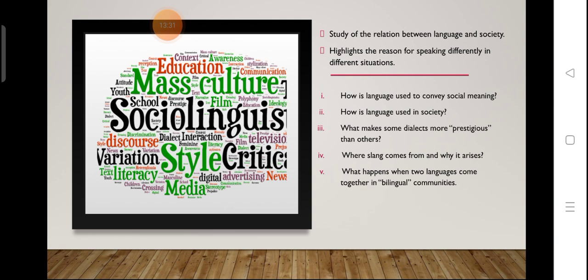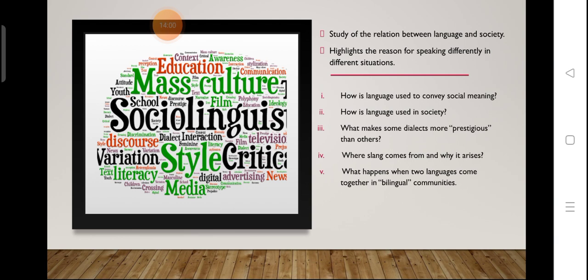So, how do we use these different varieties according to different situations? How come certain dialects become more prestigious, more accepted than the others? And what happens when people speaking different languages come together? Such aspects of language in relation to society are studied under this branch called sociolinguistics.